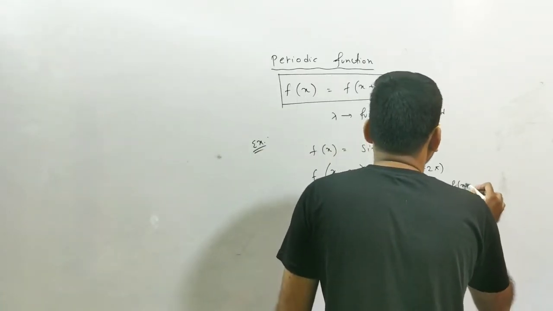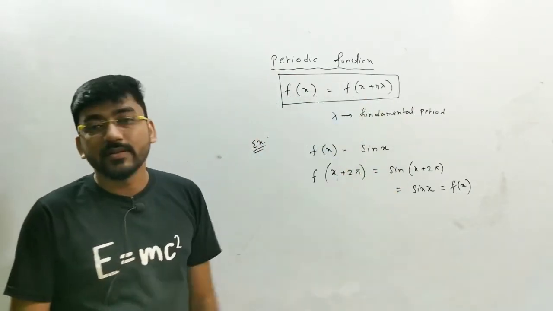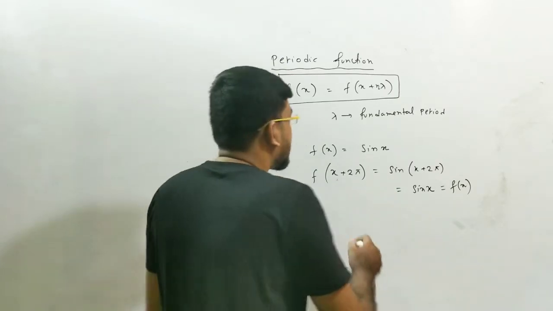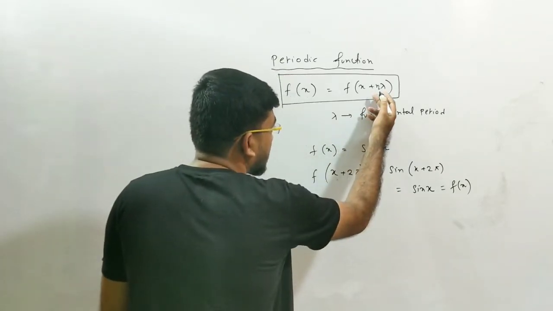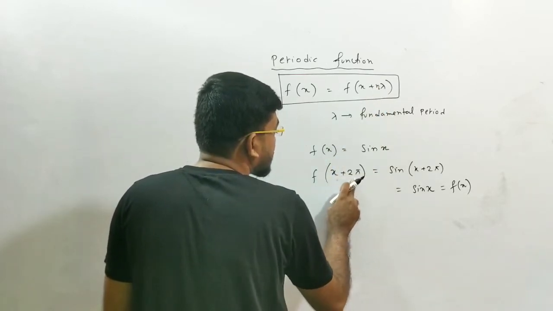So that means sin x is a periodic function, because it holds the relation f of x equals f of x plus lambda, and here lambda is 2 pi. If you put n equal to 1, you get x plus 2 pi.